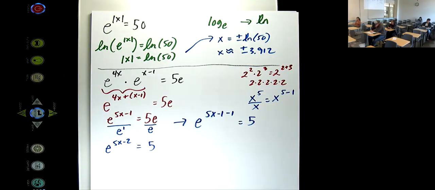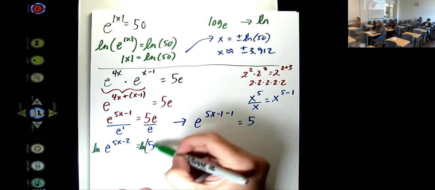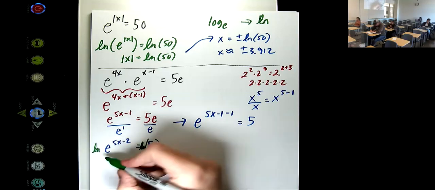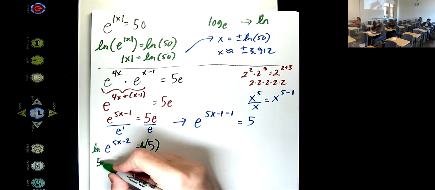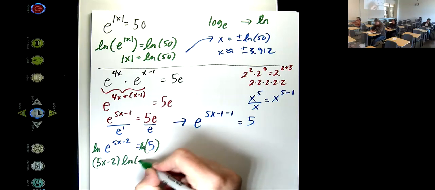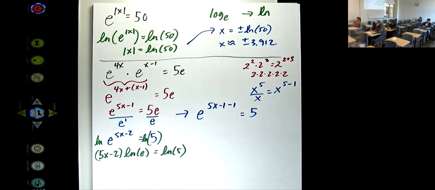And now I'm in a good position to take the natural log of both sides. I'm choosing natural log specifically because it fills the e. Natural log of e, after I bring the exponent down, natural log of e is 1.